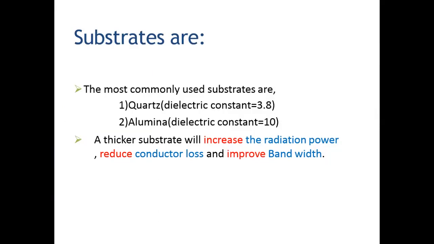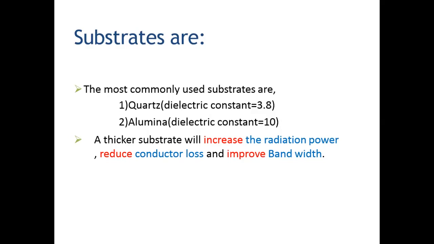A thicker substrate will increase the radiation power, reduce the conductor loss, and improve the bandwidth. So when is this possible? Whenever you use a thicker substrate material in a patch antenna, then what will happen? It increases the radiation power, reduces the conductor loss, and improves the bandwidth.